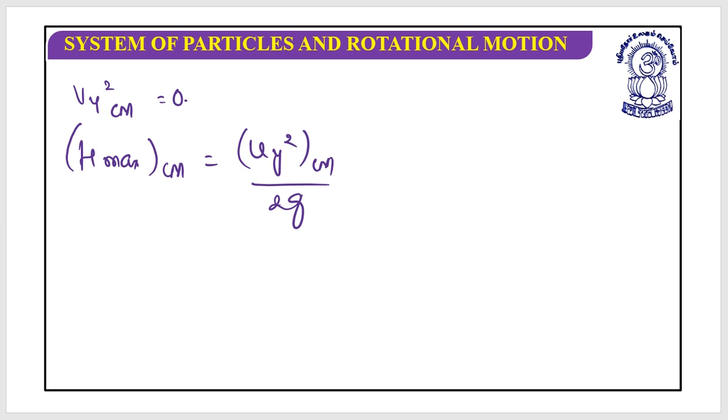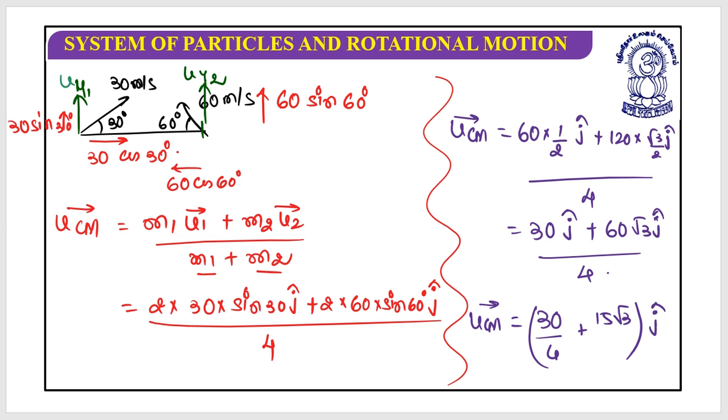I hope this is clear. Yes, so get the data, put in the value and get it done. Yes, this can be done easily. 30 by 4 is 7.5 and 15 root 3 is 1.73. Yes, so try to solve this. I hope this is clear. Is it clear?